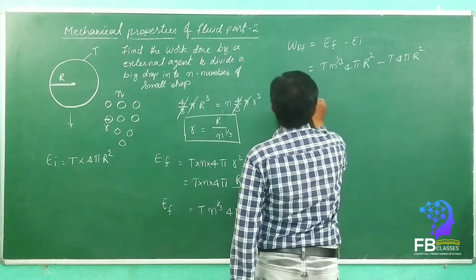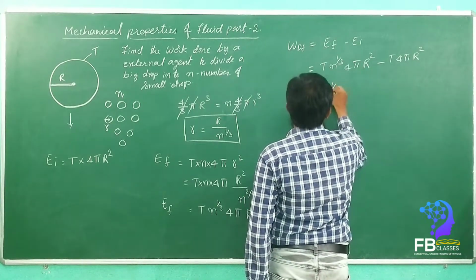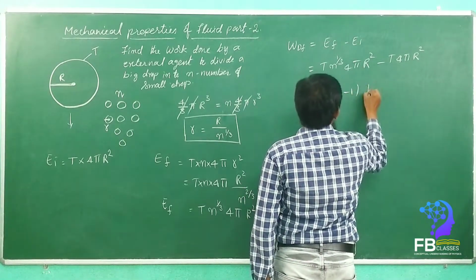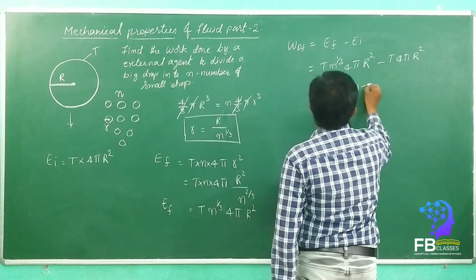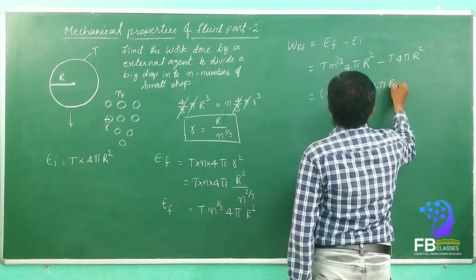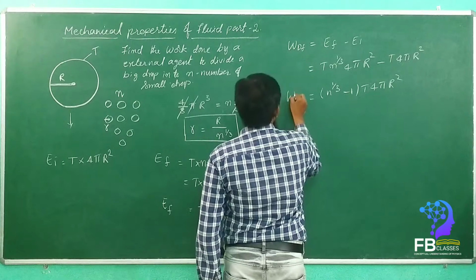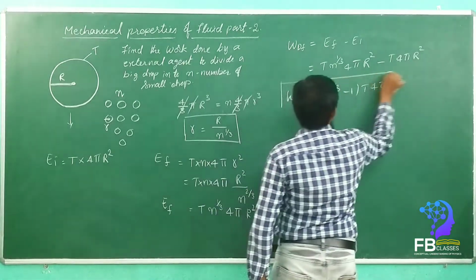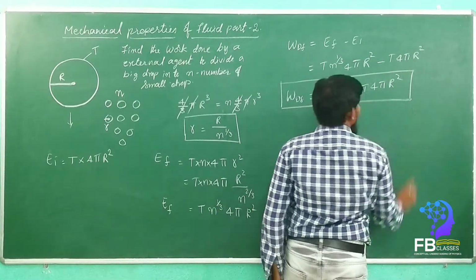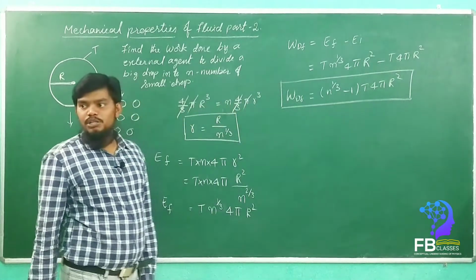So it is n power 1 by 3 minus 1, the whole thing times T into 4 pi R square. This is the work done by the external agent.